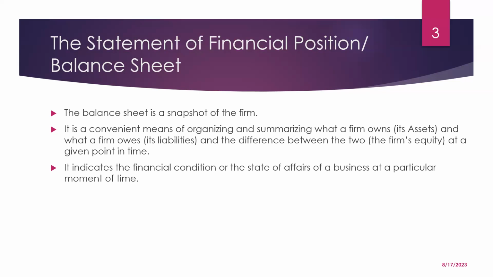And the difference between those two, the assets and the liabilities, right? On one side we have the assets, the things that the company owns, and on the other side we have liabilities, the things that the company owes. The difference between those two is known as the firm's equity, or the owner's capital. So we will be able to identify all these three things by looking at a balance sheet.